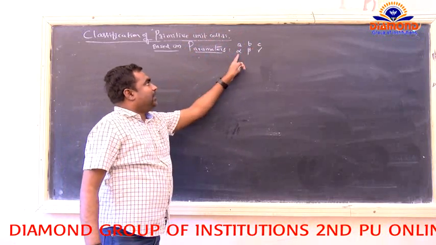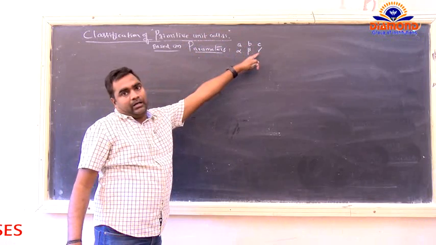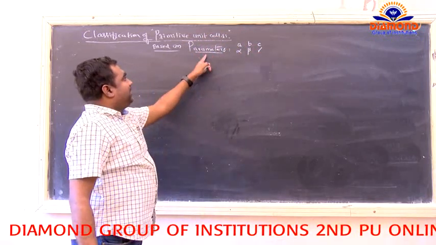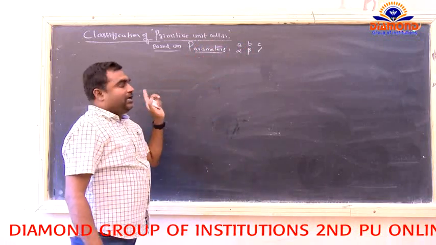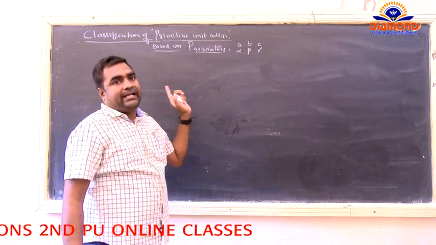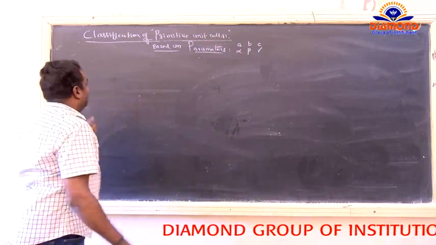Now, based on the parameters, the unit cells are classified into a total of 7 types. It is a very important topic for NEET, JEE Mains, CET also.